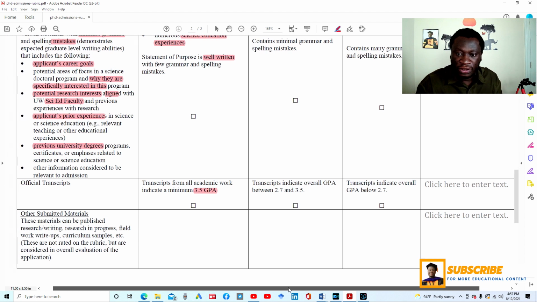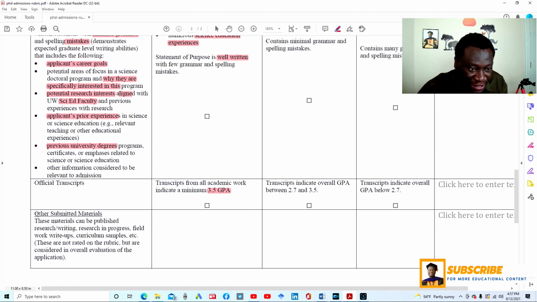Okay. Let's look at this last thing. Other submitted materials. These materials can be published research writing. So you can of course submit other materials. Apart from the stringent ones that they require, if you have other things that can support your application, it helps. I remember I had someone who does a lot of field work, so he supported his application with some of the evidence of the field work he has done, some of the supervisory work he has done in the field.